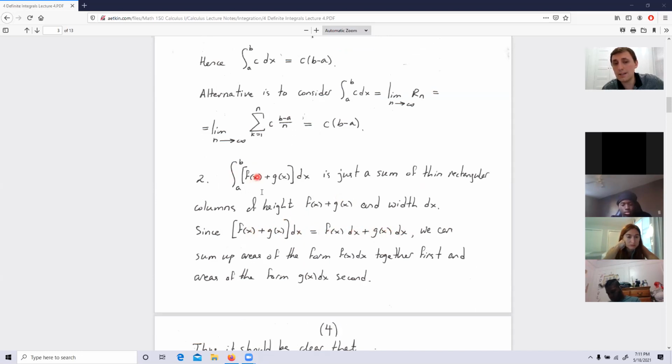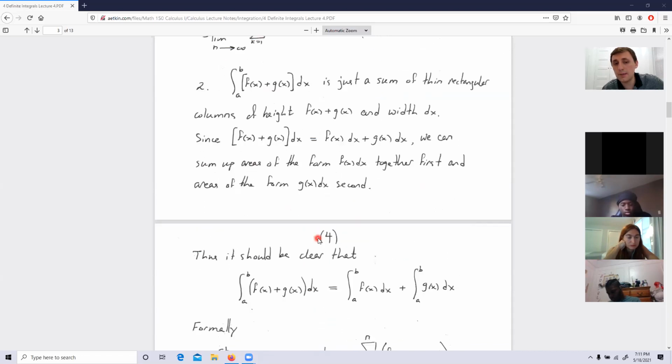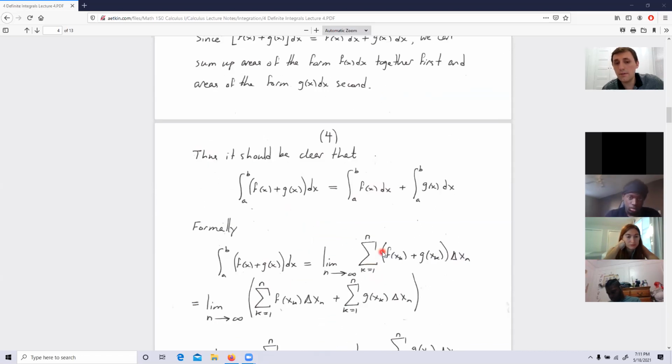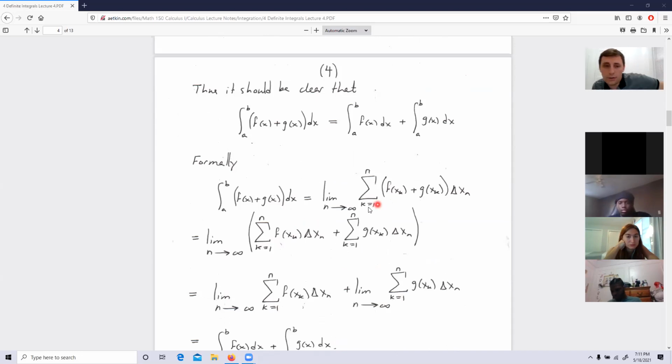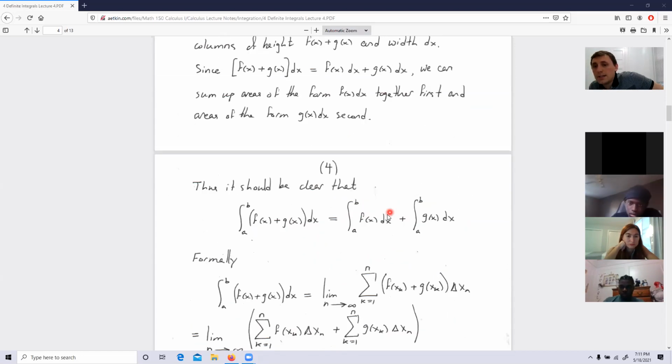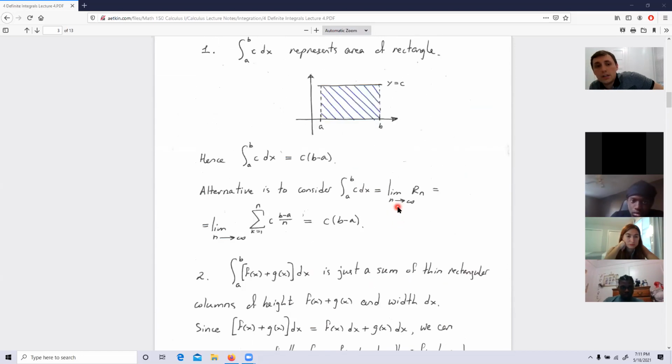And then the summation becomes separate sums. Formally, this is clear because if you represent it as a Riemann sum, here you have an actual summation without the limit. And the actual summation can be broken into two separate summations by grouping together f's and grouping together g's. Clear? So the integral of a sum is the sum of the integrals for a very natural reason.